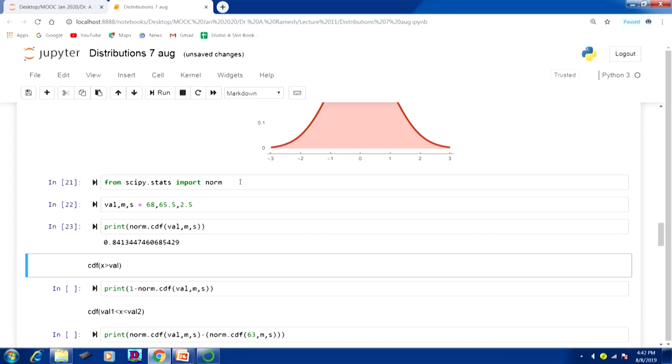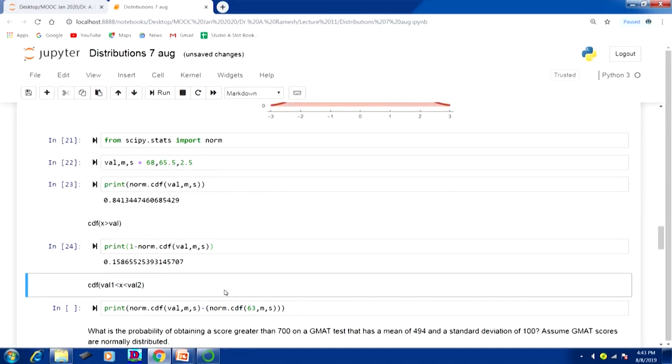If you want x less than that value, that is the cumulative distribution. For x greater than a value, you have to subtract from 1. Suppose you want to know the value 68 and above, so already we know up to 68 this much value. So, because we know the area of the normal distribution is 1, 1 minus the remaining, that value will give you the right side area.